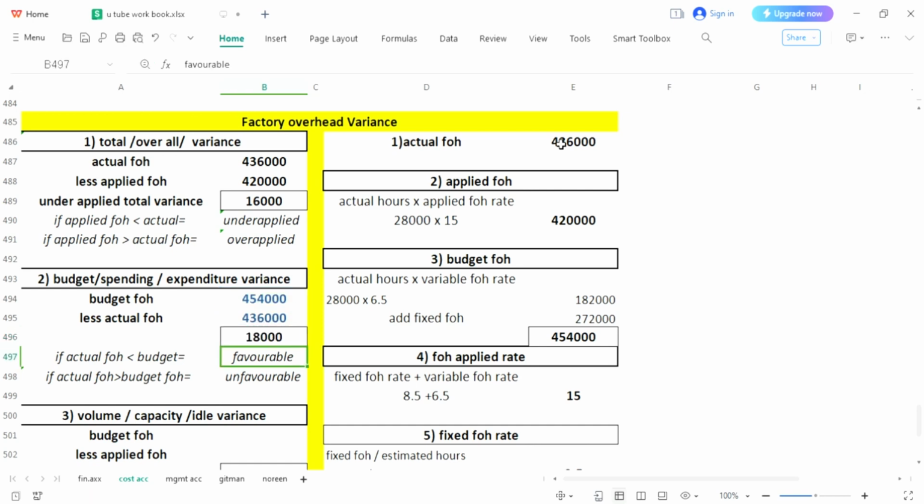We have got our budget variance, 18,000. It's time to conclude by putting your focus upon actual. Actual is 4,3, budget is 4,5. It means actually you are spending less. Whenever you are actually spending less, it would be considered favorable budget variance.